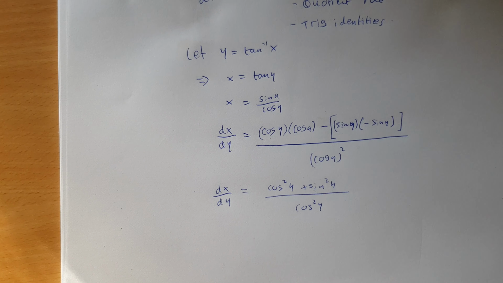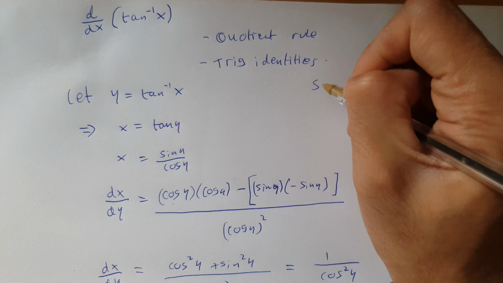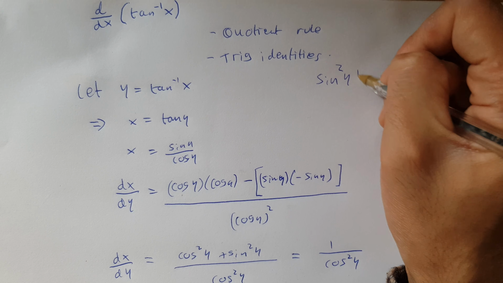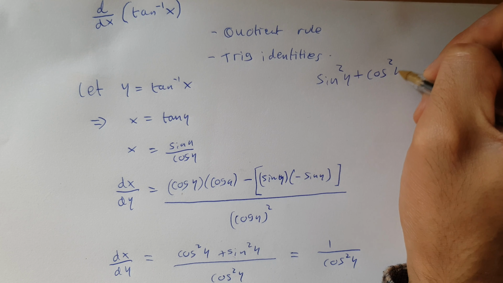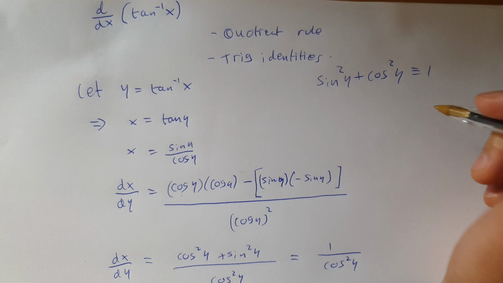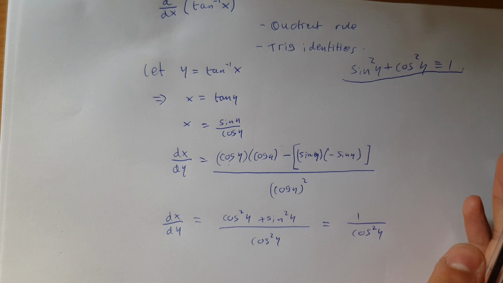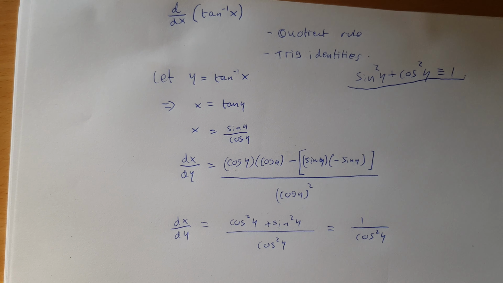So that would be 1 over cos squared y. So just to recap, the identity is sine squared y, or x or whatever, plus cos squared y, or whatever, is identical to 1. So whenever you're doing these types of questions, always remember your trig identities, because that will save a lot of time.